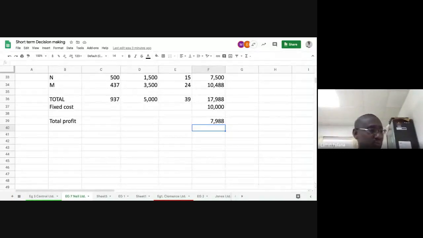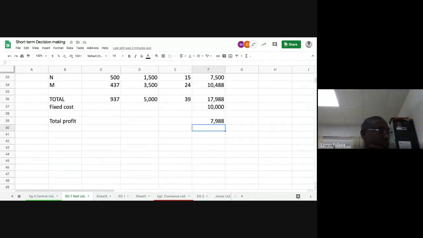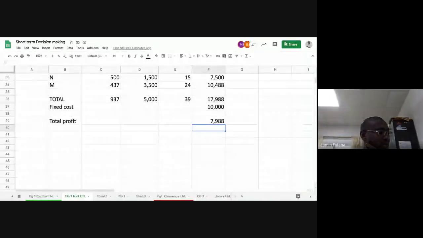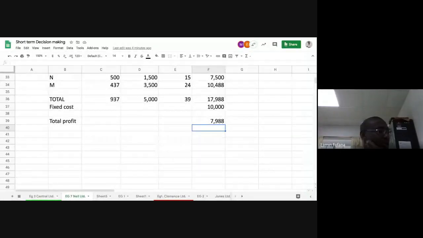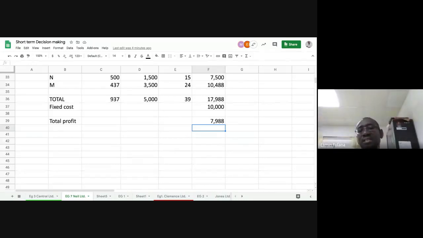We all agreed in the past question that we were not able to produce all the required units of the products that we wanted. We were able to produce the whole 500 units of N, but only 437 units of M. So there are remaining units, about 163.